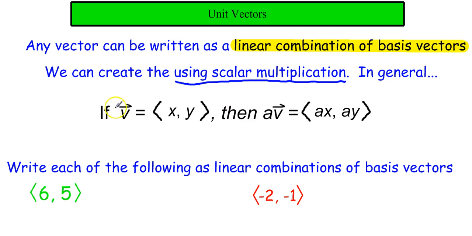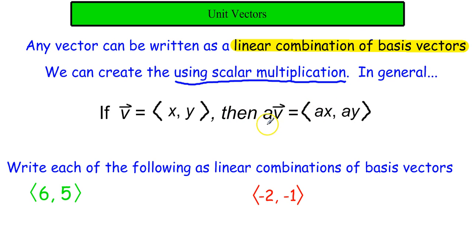The general rule is if we have a vector that travels x units in the x direction and y units in the y direction, and we multiply that by a scalar, think about what that means. What that means is we're going to take that vector and increase the magnitude, or decrease for that matter, by whatever our scalar multiple is. What that gives us is a linear combination of the original vector relative to whatever the magnitude is.